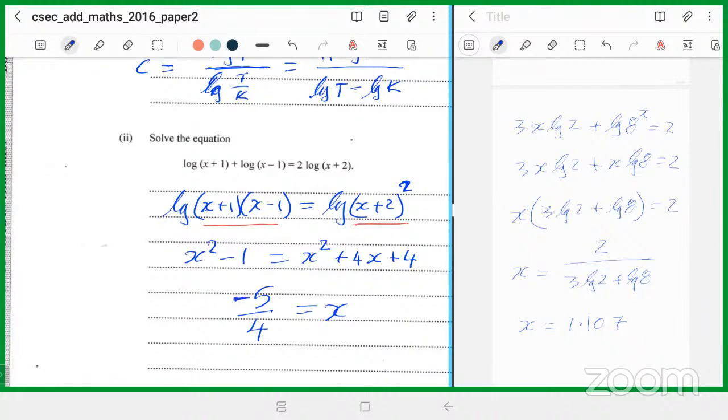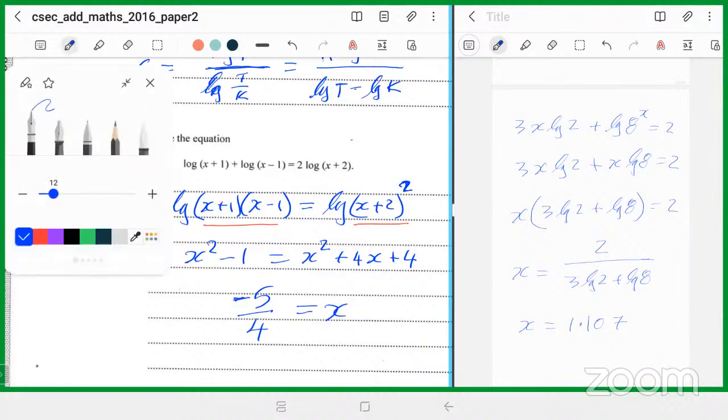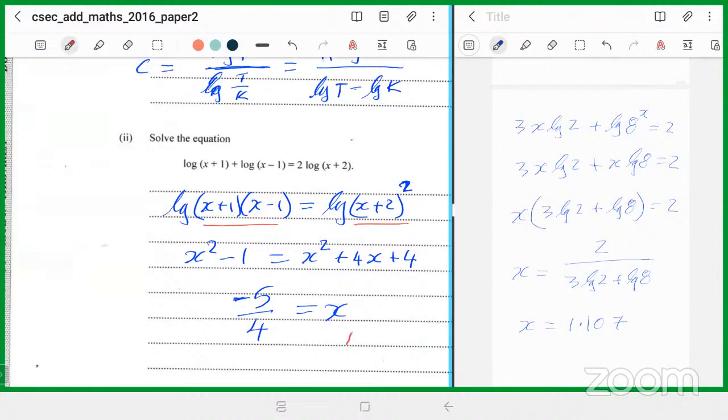Now, let me tell you something. I'm not going to leave this as an answer. I'm going to say this answer is not valid. x equals negative 5 on 4 is not valid. But you can tell me why I'm saying it is not a valid answer. That is the answer, but it's not a valid value for the equation that was given. Why is it not valid?